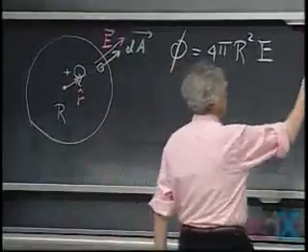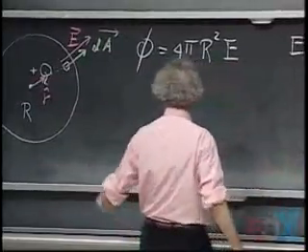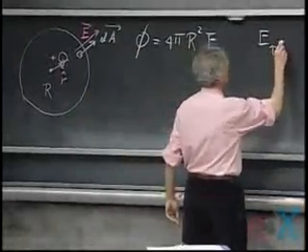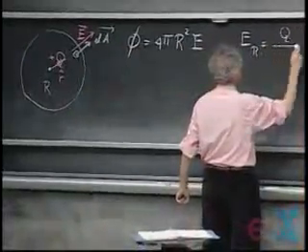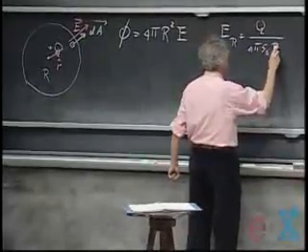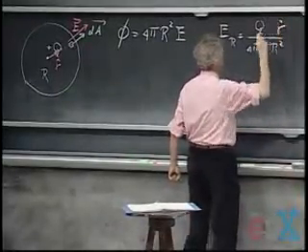The electric field at this distance r equals Q divided by 4 pi epsilon 0 r squared times r roof.